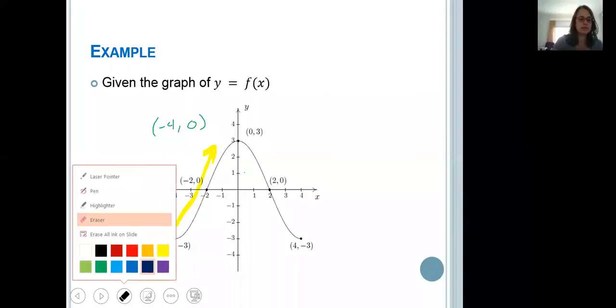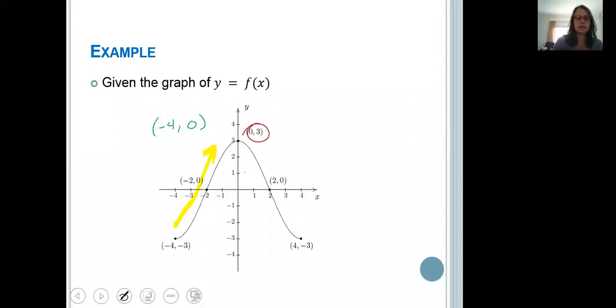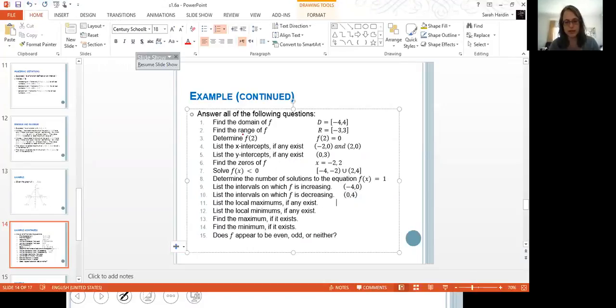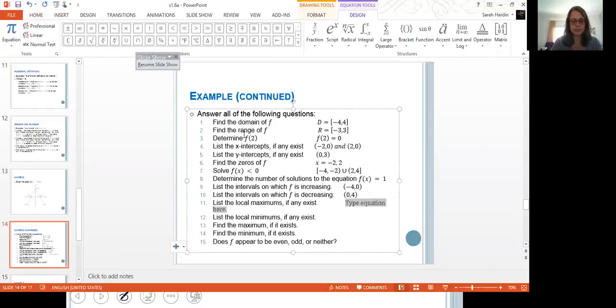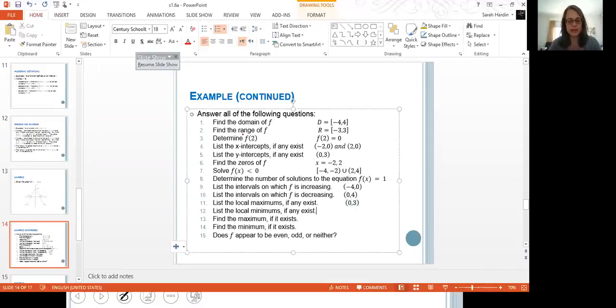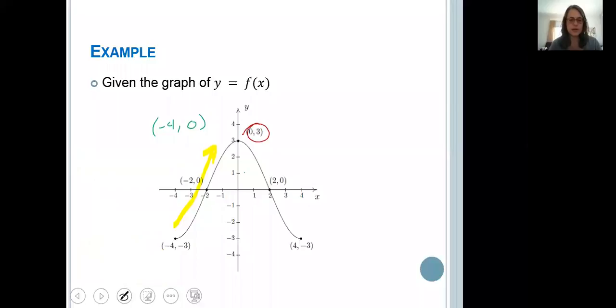Local maximums. There's a local maximum right here at the point 0,3. So the point 0,3, and again, we're going to list this as a point because the maximum occurs at a point. The minimums are down here, here, and here.